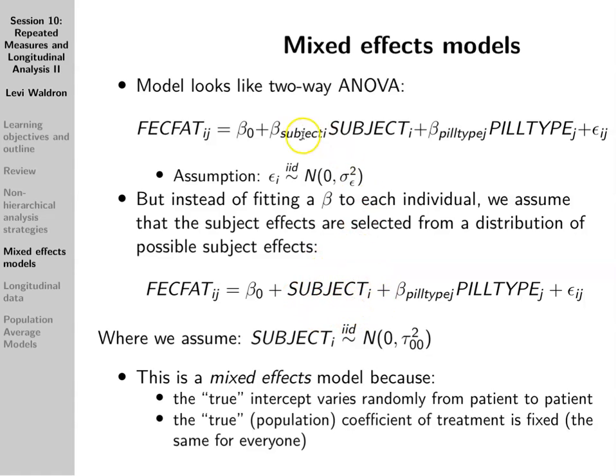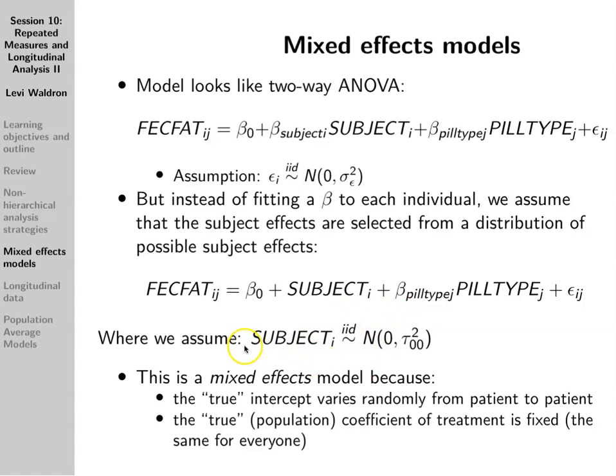So I'm going to call this here subject I. Compared to the two-way ANOVA, I've gotten rid of a coefficient here. There's no coefficient here for subject I. Instead, I'm not using this as an indicator variable, but as an actual measurement, a difference in the mean fecal fat excretion from each subject from the overall mean.